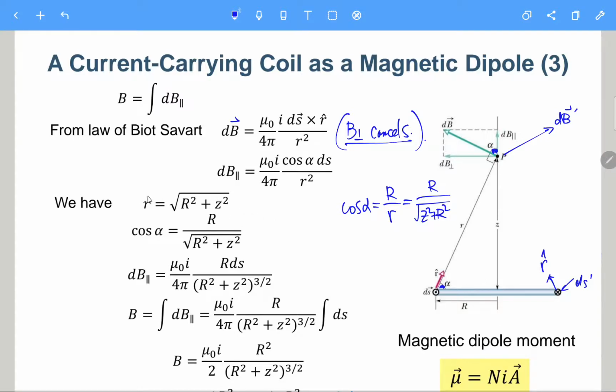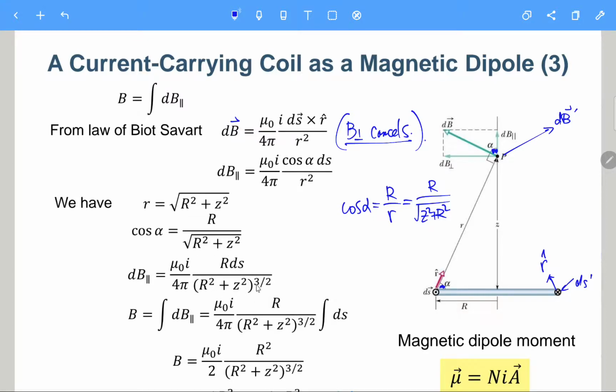So we can plug in these two into this expression so that we have dB parallel to be mu0 I over 4 pi, and then times R ds. And then over r squared will be only the inside term, and then multiplied by an additional square root of this term.